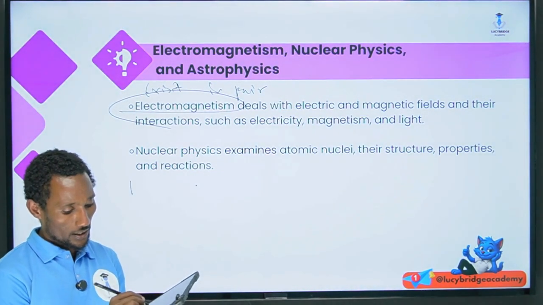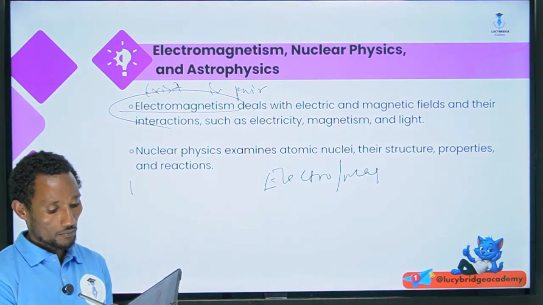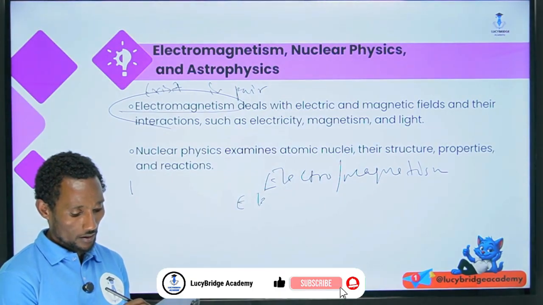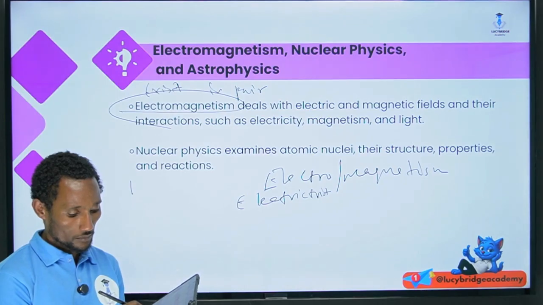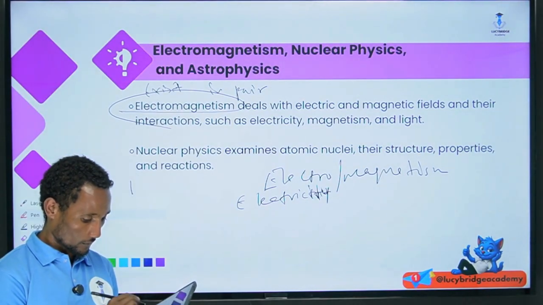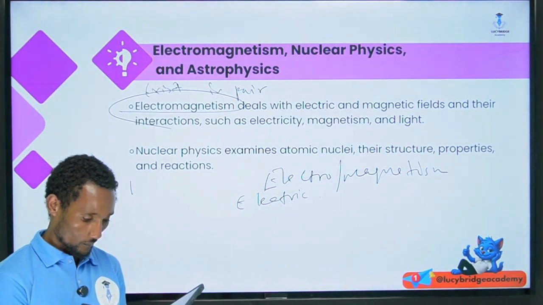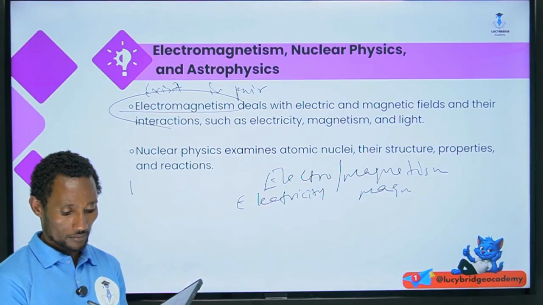You can divide electromagnetism into electricity and magnetic effect.